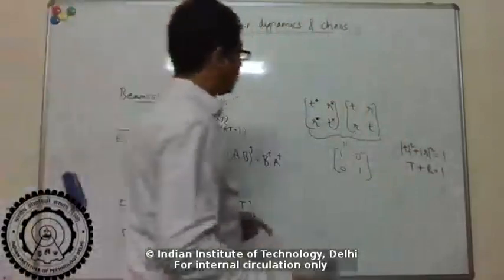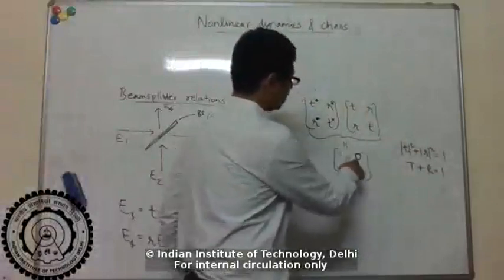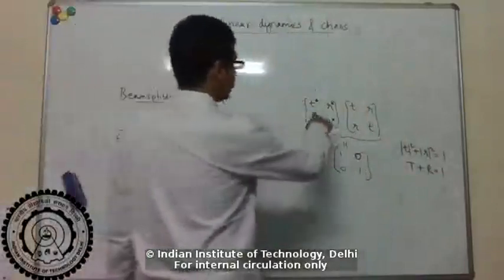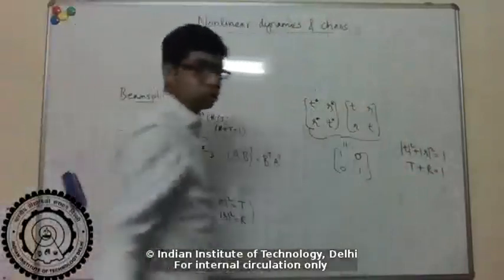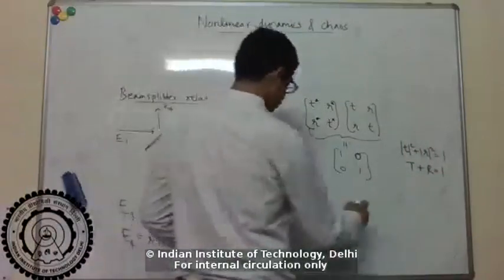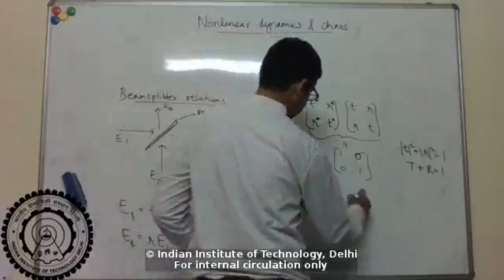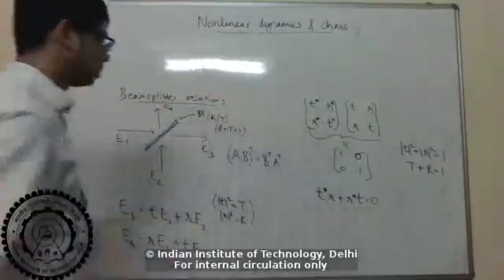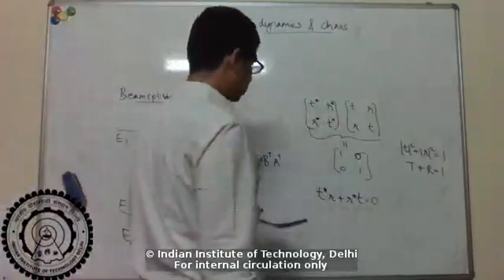Right, but to get another condition, look at this second element which needs to be 0. So that will be T conjugate R plus R conjugate T, and that needs to be 0. So the second condition is, okay.